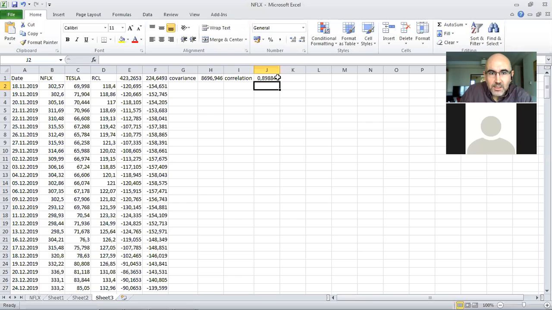That value is now standardized. It must be between -1 and +1, and that is the correlation.